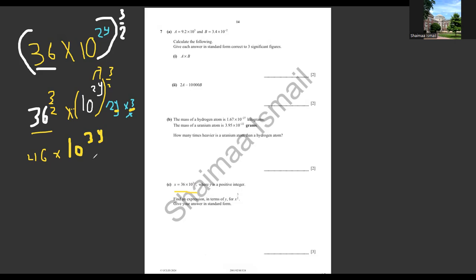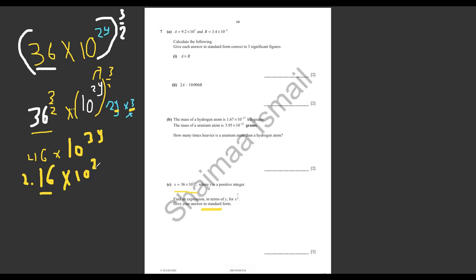As he needed the final answer in standard form, here we have to change it to standard form. So we say 2.16 times 10 all to the power 2, times 10 all to the power 3y.